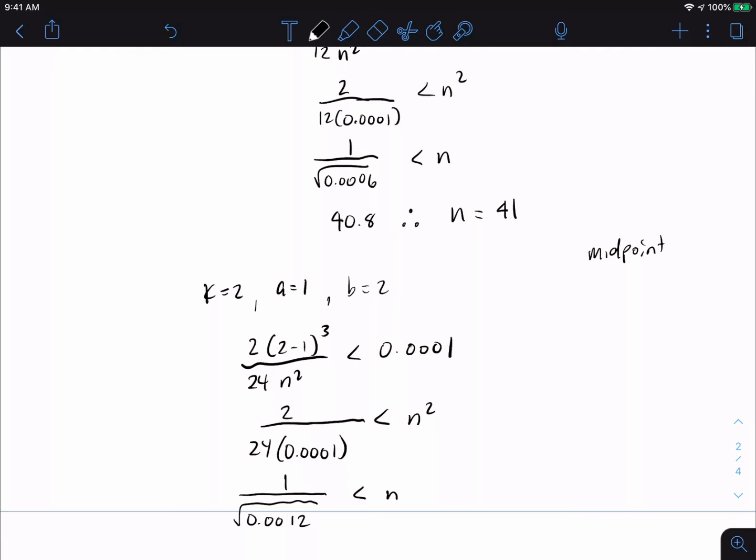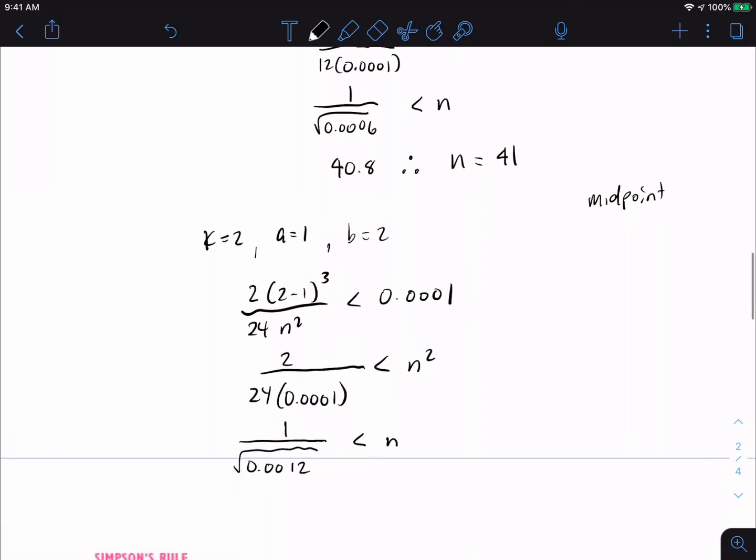Do you guys see why I want you having your TIs with you? So if that's my n, what should my actual n be? 29. It's got to be 29.